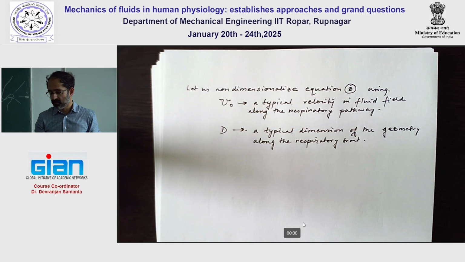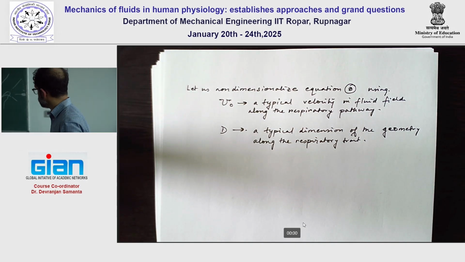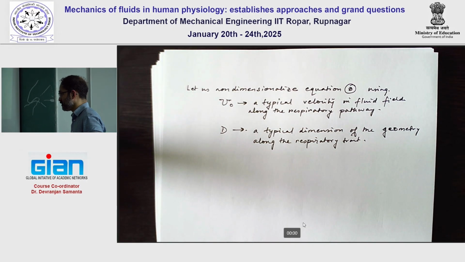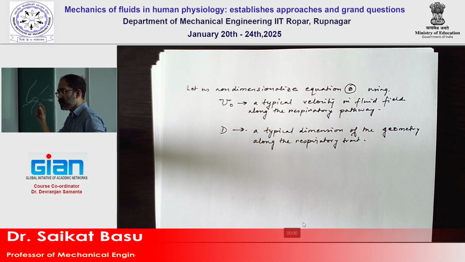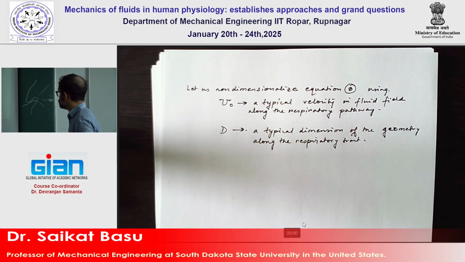It covers quite a few orders of magnitude. It starts on the scale of centimeters and reaches near the alveoli, which is approximately 100 micron on average. So it starts from centimeters and reaches microns. As a result, the d itself can vary a lot based on which region of the airspace you are studying the transport in. But whatever the typical value is, that is what we are going to use in the problem.